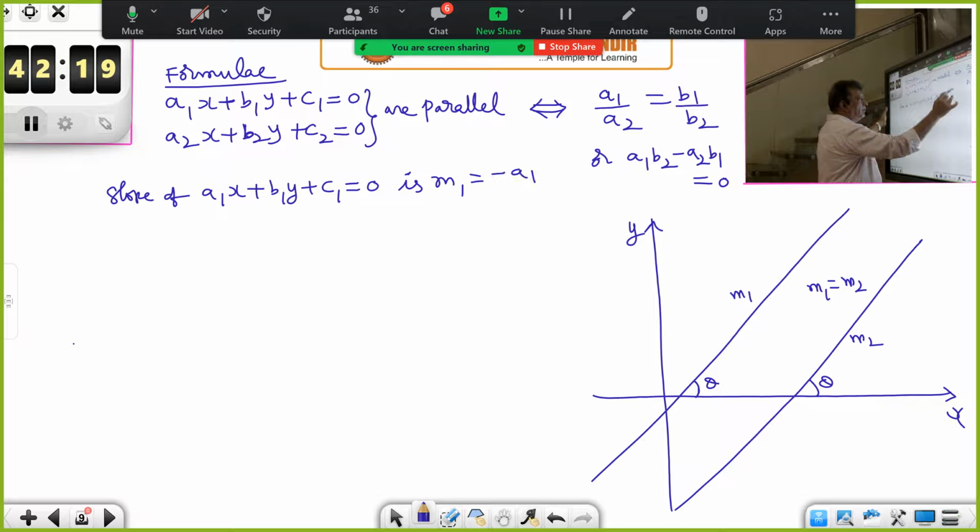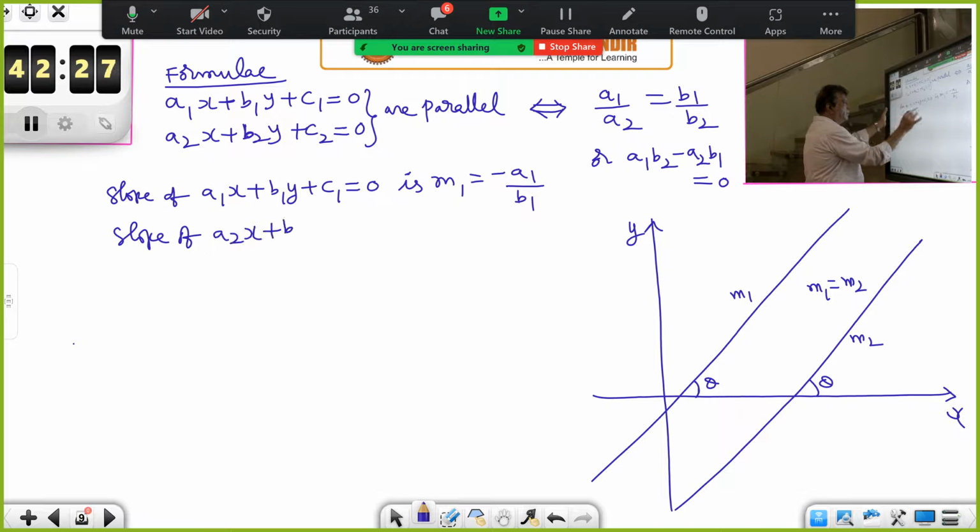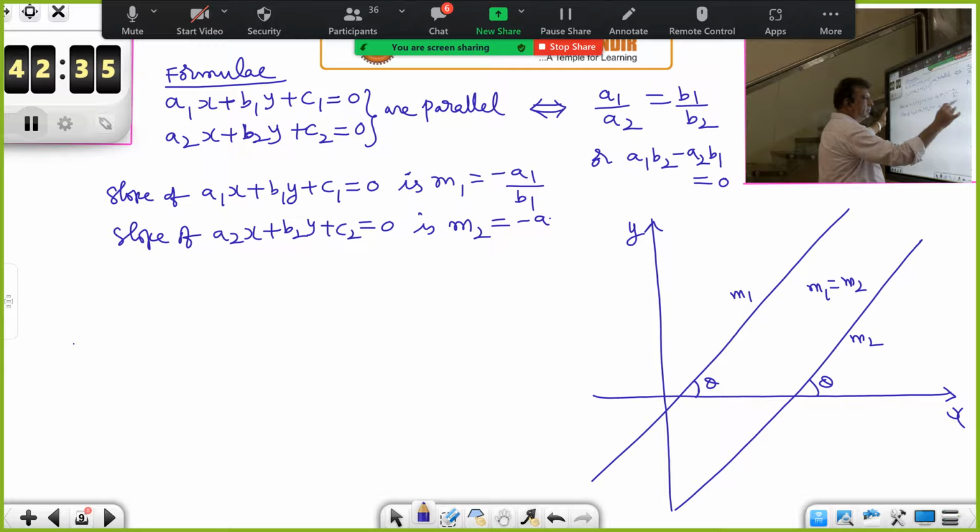It is minus a1 by b1. Similarly, slope of the second line a2x plus b2y plus c2 is equal to 0 is m2 is equal to minus a2 by b2, sir.